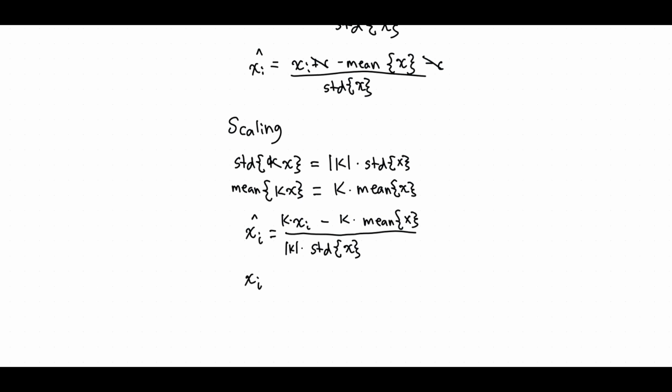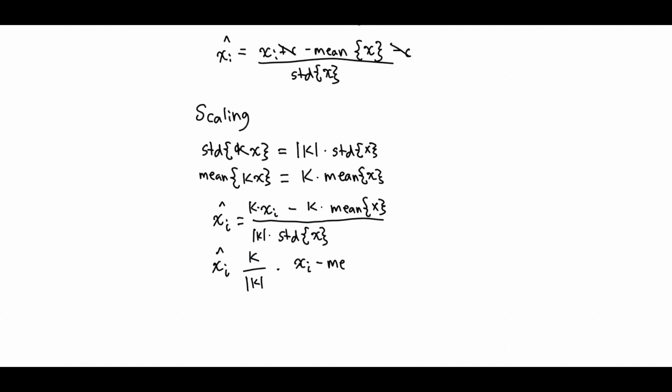So on the numerator, we can pull out a k, and on the denominator, we can pull out an absolute value of k. And then we have x sub i minus the mean of x all over standard deviation of x. Perfect.